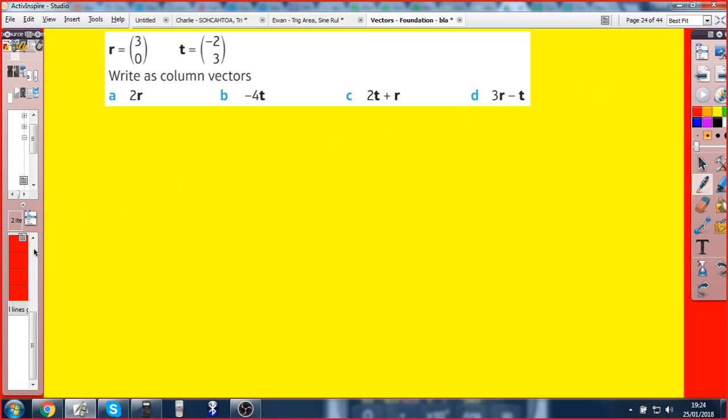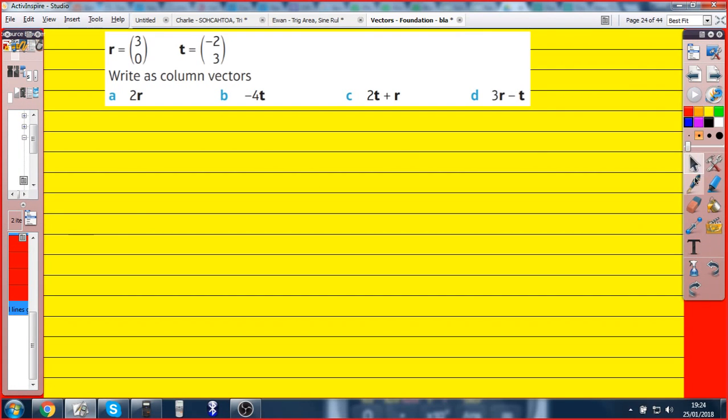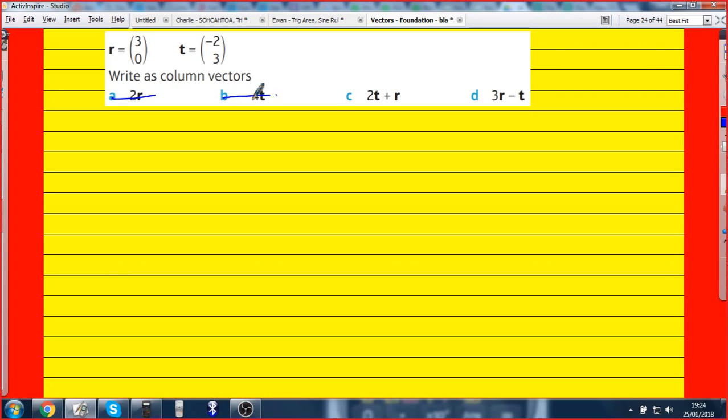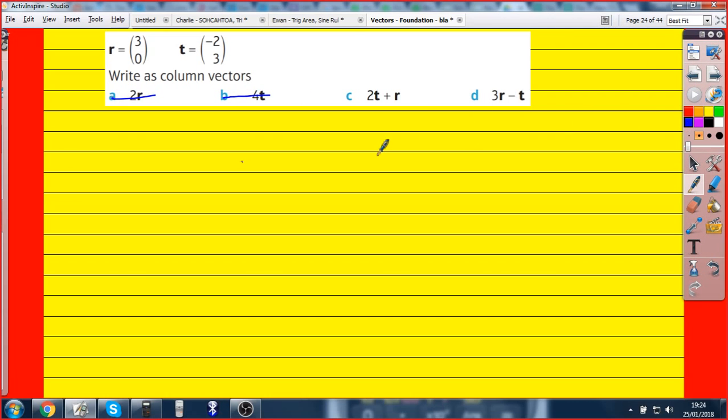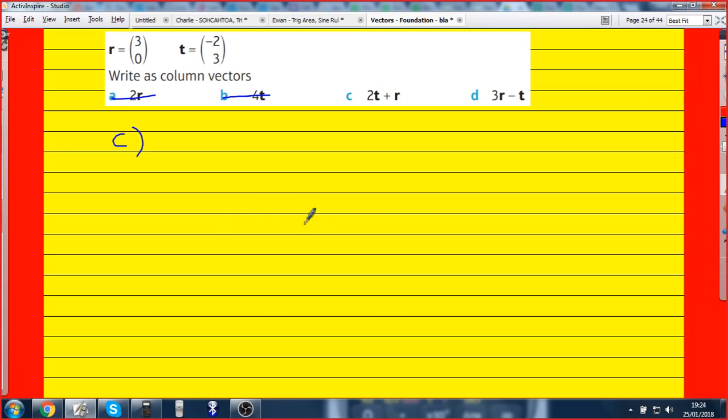Let's do part C and D. Okay, so 2T, minus 2, minus 4, then 6, then R is 3, 0, so you don't need to add anything to the bottom.